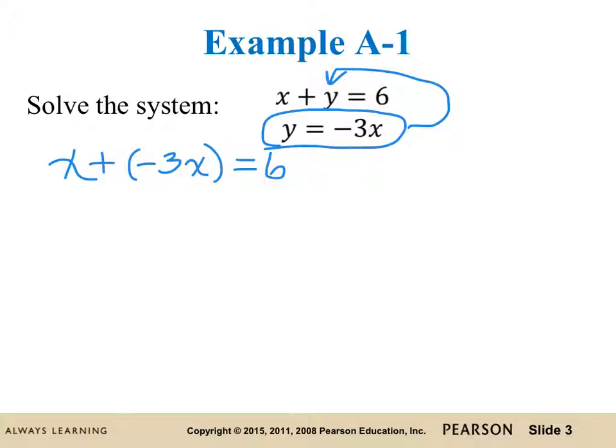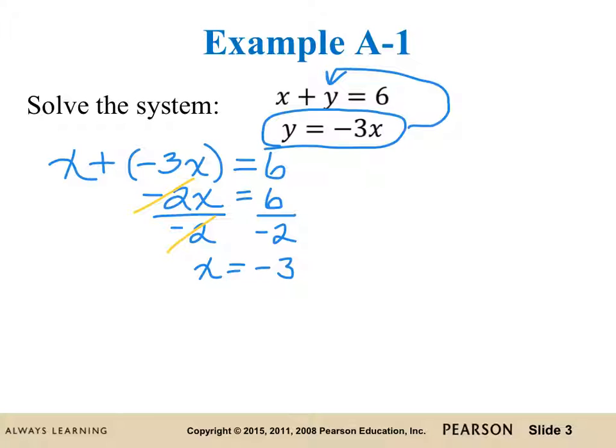Well, x plus negative 3x is negative 2x, and negative 2x equals 6 can be solved by dividing both sides by negative 2. And that means we have x is equal to 6 divided by negative 2, which is negative 3.